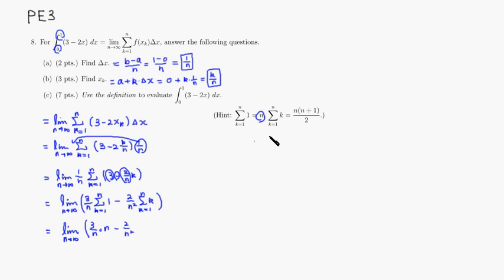Then the summation of k is given here, so that's going to be n times n plus 1 over 2.